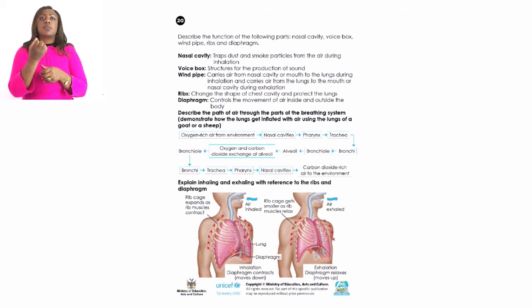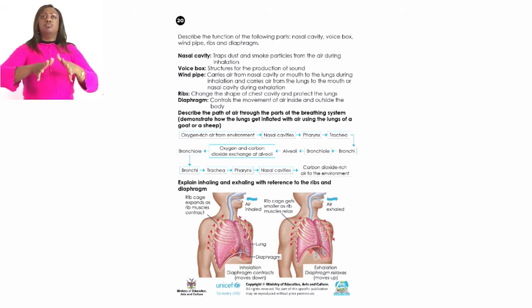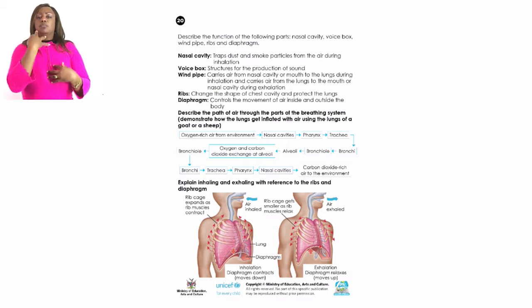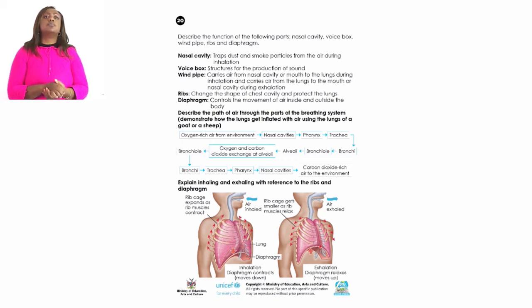We have the windpipe. As it says, we have the word wind, okay, and we have the word pipe. These two words join together and then have the function of carrying air from the nasal cavity or from the mouth to the lungs during the inhalation process, and also carrying air from the lungs to the mouth or the nose during the exhalation process.